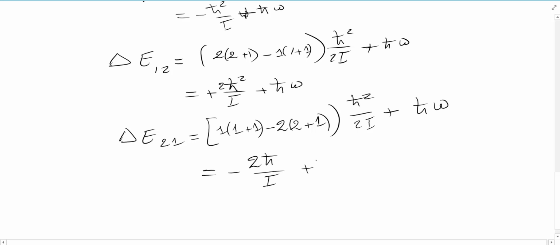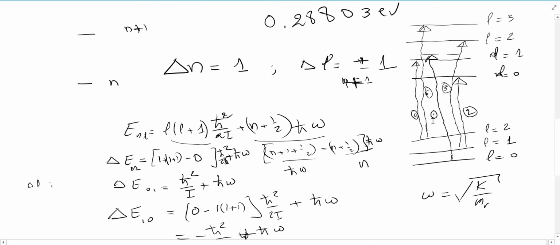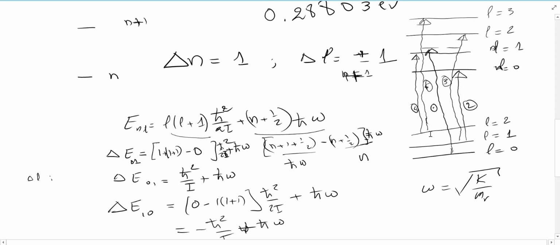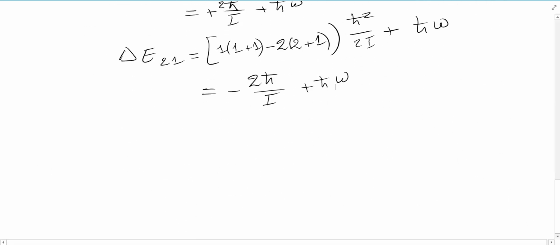Plus ħω. The last transition that we can clearly see from here is going from L equals 2 all the way to L equals 3. And that is going to be ΔE from 2 to 3. The final one is 3. 3 times 3 plus 1 minus 2 times 2 plus 1.